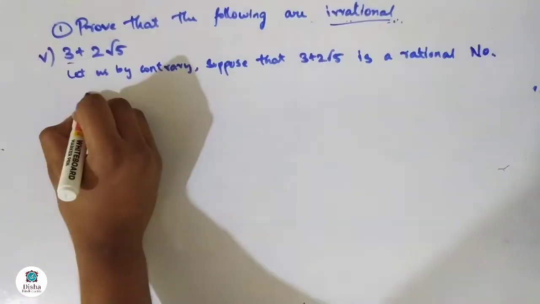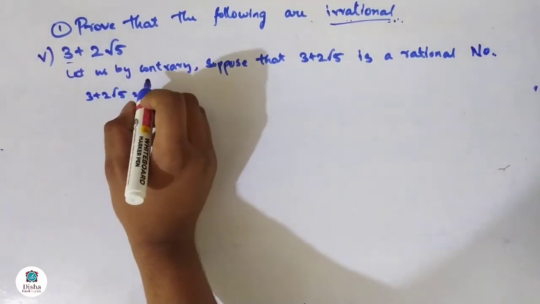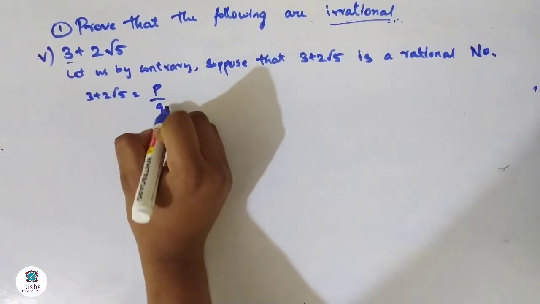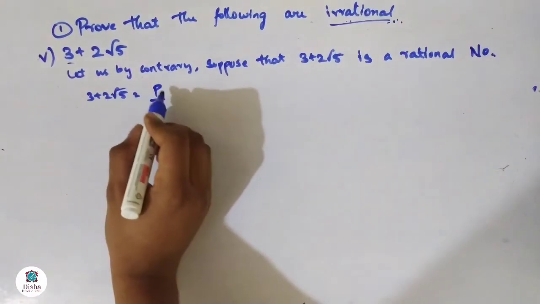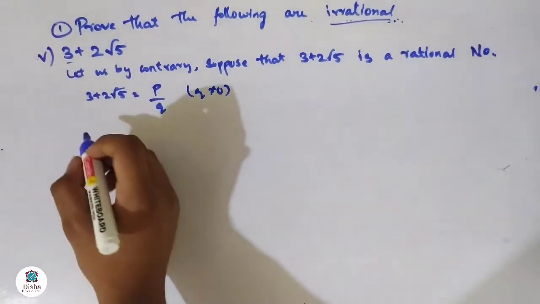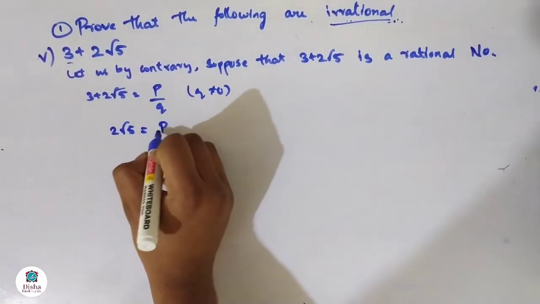Then what will 3 plus 2 root 5 be equal to? As a rational number, we know that it should be in the form of p by q. So 3 plus 2 root 5 equals p by q, where q is not equal to 0. So then 2 root 5 equals p by q.